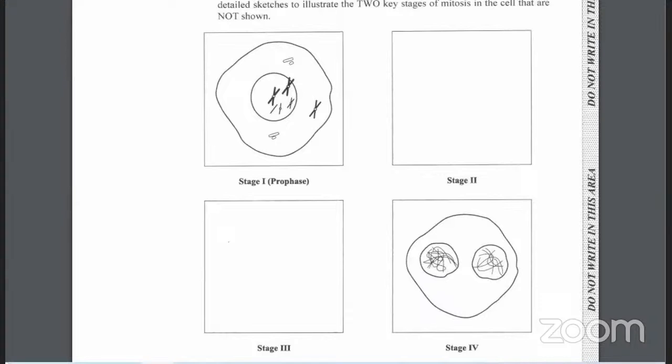Right, so you draw the cell. This time there should be no nuclear envelope, and the chromosomes will be at the equator. All right, so this is metaphase, and also at that point, let's put in our spindle.